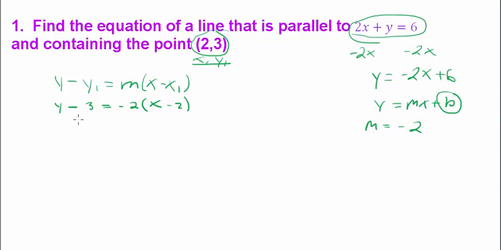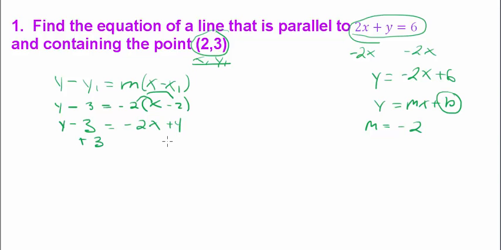From here, this is technically an equation, so according to my directions, this is an acceptable response. I'd like to find an equivalent equation, though, in slope-intercept form. So in other words, I'd like to solve this for y. Distribute the -2 to the quantity x minus 2, so you'll have y minus 3 is equal to -2x plus 4.